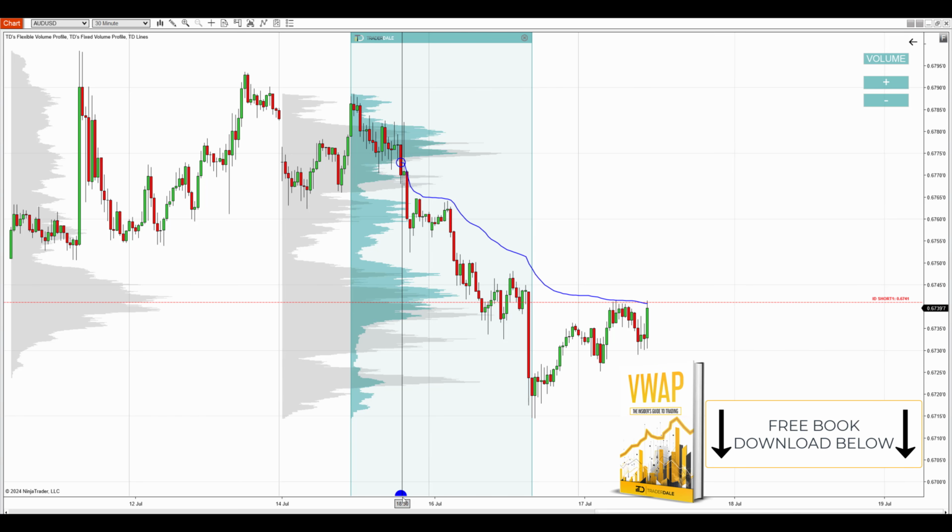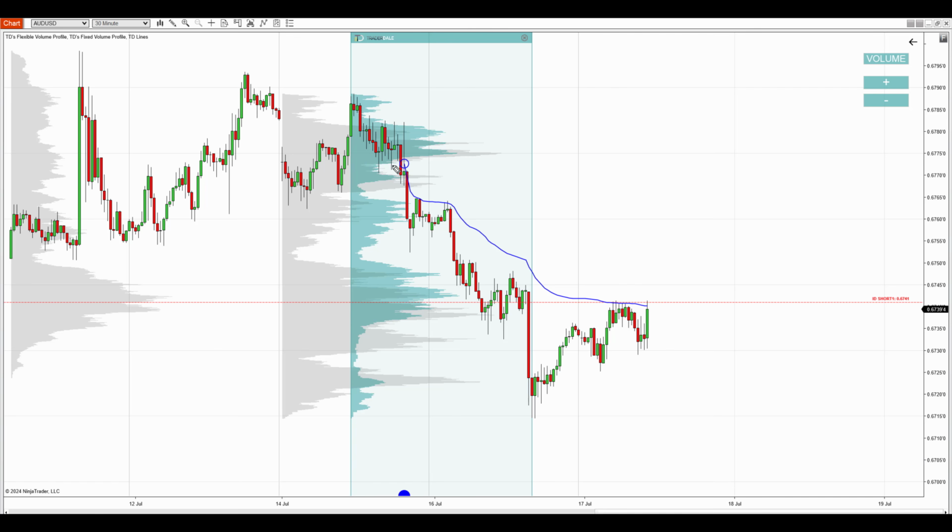Or you can even anchor it to the next one, but it doesn't really matter too much. It doesn't really change how the anchored VWAP looks here. And as you can see, the price was reacting very nicely to it. At first, this reaction in here, then this one, and then right here.